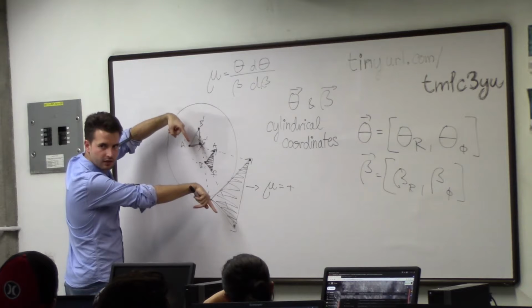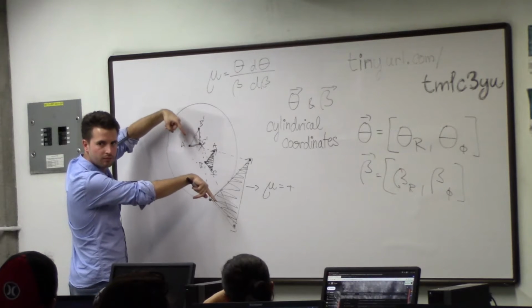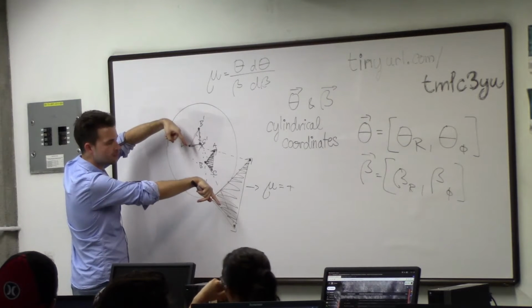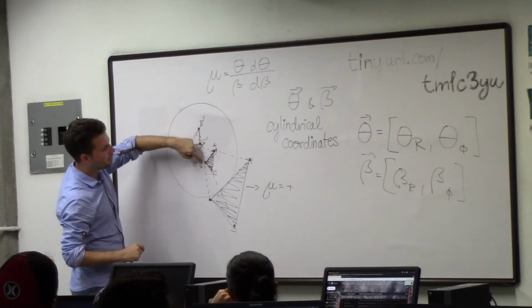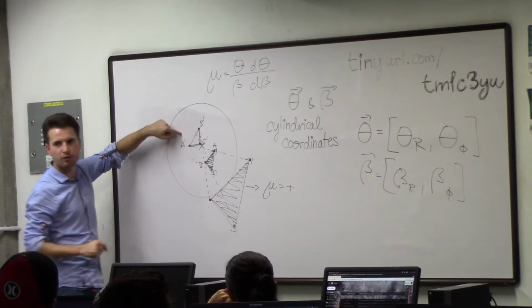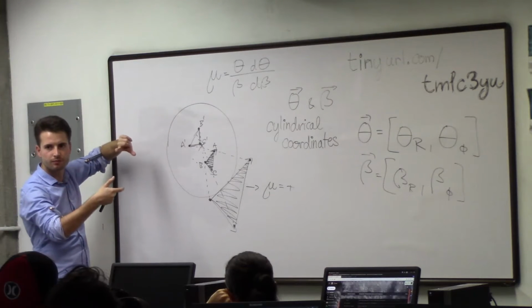Like this. They're just scaled by some value, so this is still positive. But B to A and B prime to A prime are reversed.